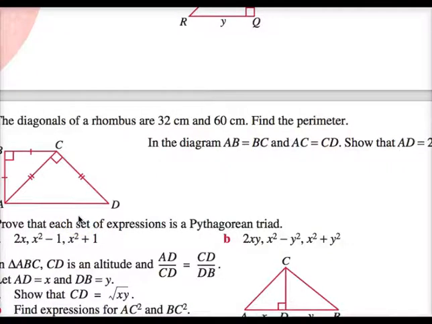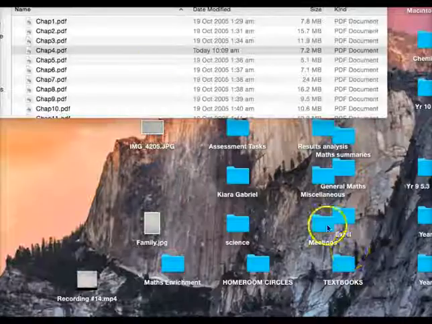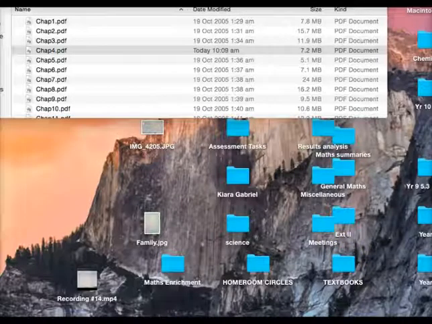Question 13A, prove that 2x, x squared minus 1 and x squared plus 1 is a Pythagorean triad. Miss, the video's still on. Why are you guys staring at me while we're doing this? Girls, we're doing question 13.